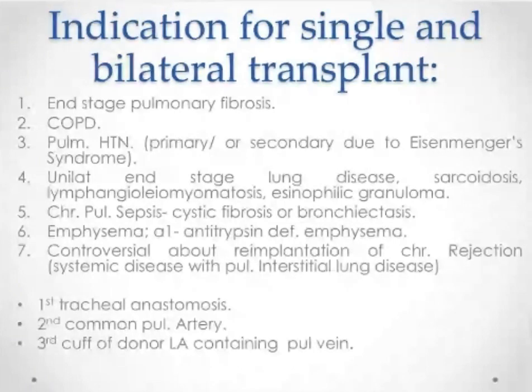Maybe you have unilateral end stage lung disease like in sarcoidosis, or leiomyomatosis, or eosinophilic granuloma, or a chronic pulmonary sepsis, cystic fibrosis, or severe bronchiectasis, or emphysema due to alpha-1 antitrypsin deficiency, or sometimes, controversially, retransplantation for chronic rejection, or systemic disease with pulmonary interstitial lung disease.